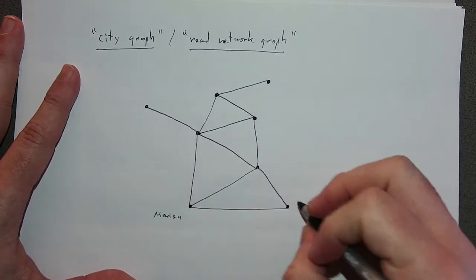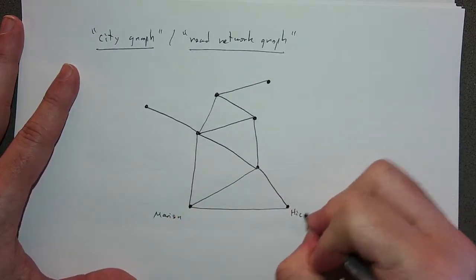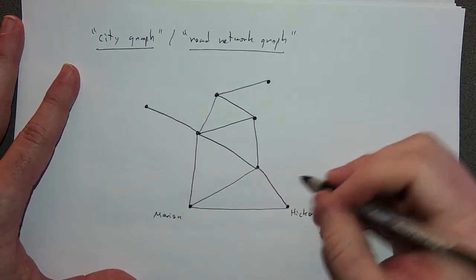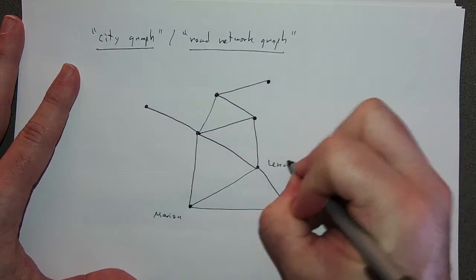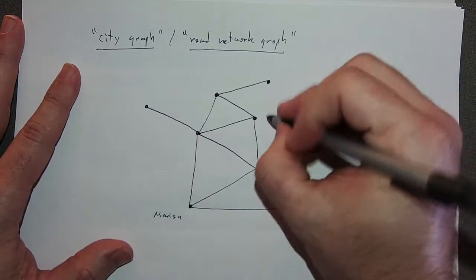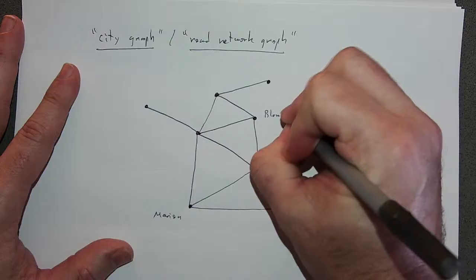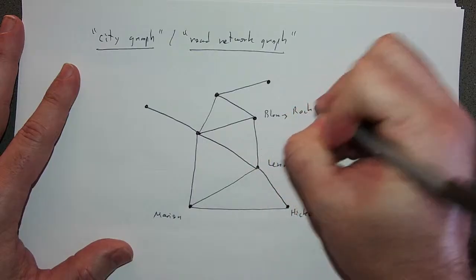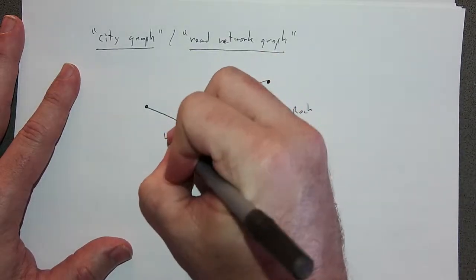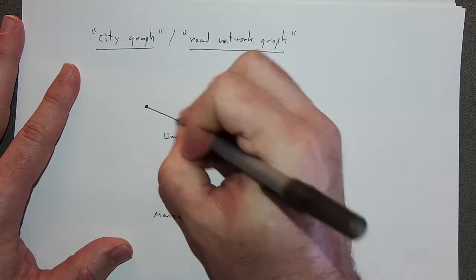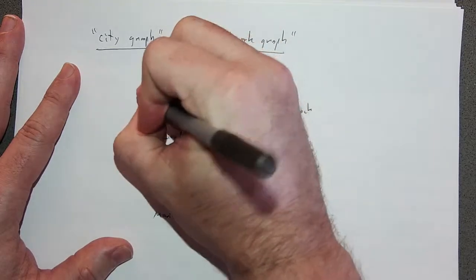This one's Marion. This is Hickory. Here's Lenore. Here's Blowing Rock. Here's Linville. Banner Elk.